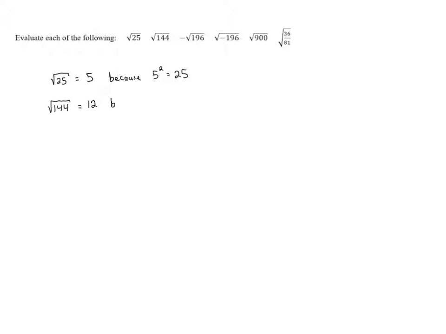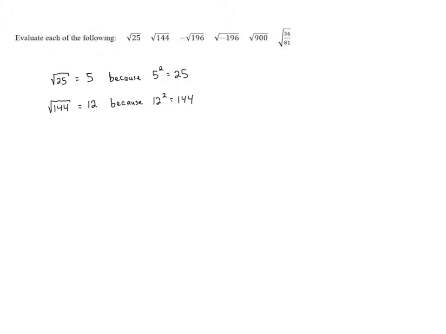And I'm going to just write out, this is because 12 squared equals 144. I'm not always going to write out this reasoning. I'm just going to do it the first couple of times in case there are students who really don't feel very comfortable with square roots, so they can see why these work out the way that they do.